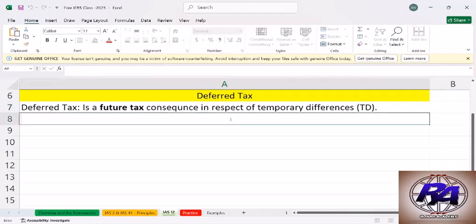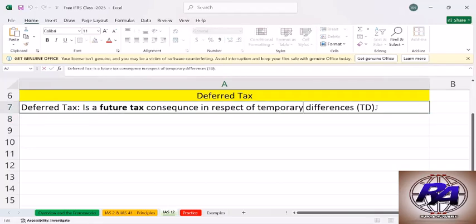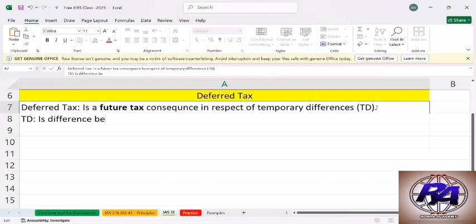When you talk about temporary difference, in this case, TD, it's very simple. Temporary difference is the difference between the carrying amount, in other words, net book value. Carried amount is the same as net book value.